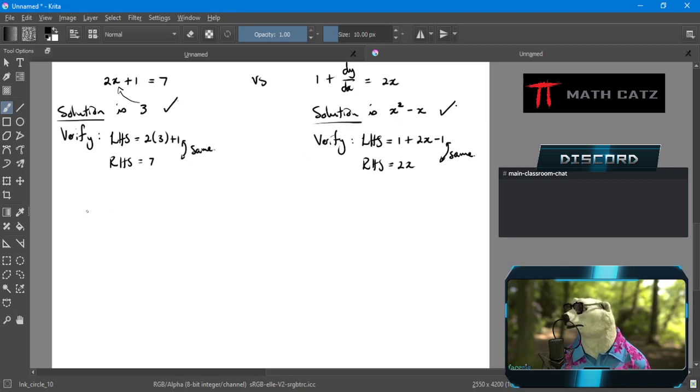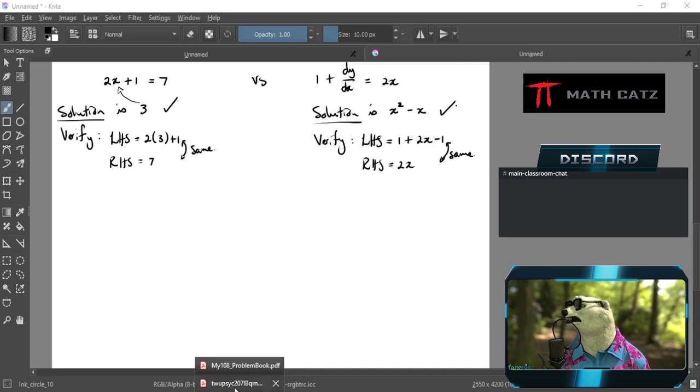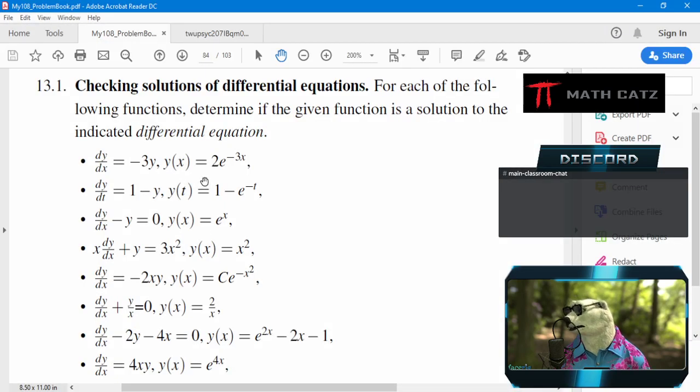Okay. To emphasize that further, we're going to look at some problems where we're given a function and we just want to check, is this a solution to the differential equation? To really emphasize, what do I mean by solution? Because it's very important. Even though it's an equation, it's a very different kind of equation.